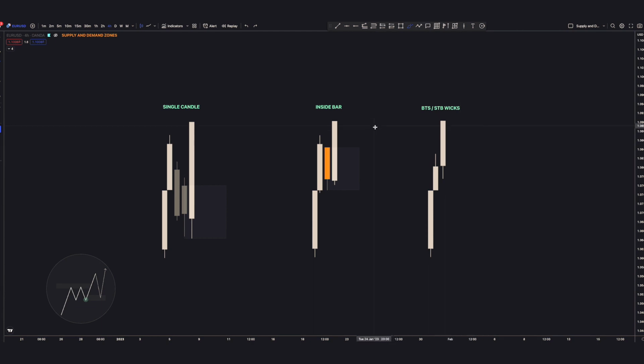Okay, and last one, so we can finish this. Let me just grab this guy. So this would be our zones. Okay, same thing, because you'll see more of this type of price action when the price is moving too fast. It's easier to spot on the higher time frame this type of buy to sell or sell to buy.